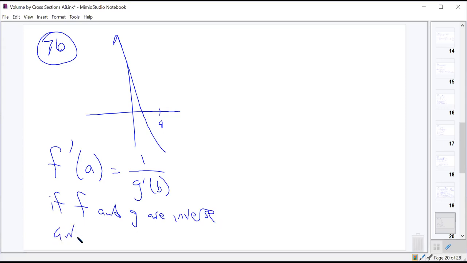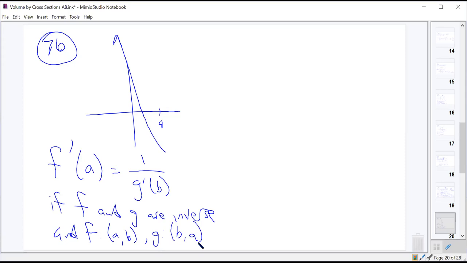F contains the point a, b, g contains the point b, a. The derivative of f at a is equal to 1 over the derivative of g at b.